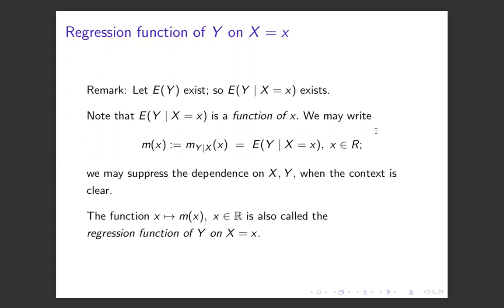These are all countable objects. And since X is a random variable, you knew that the probability that X equals a always makes sense, because that was how a random variable was defined.